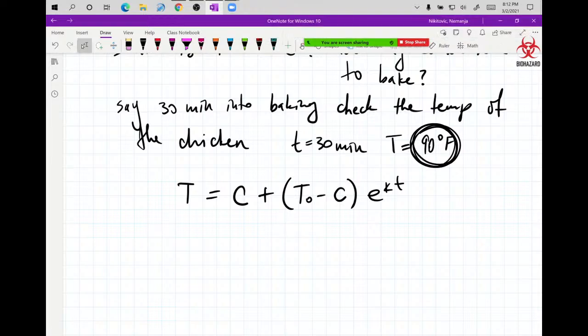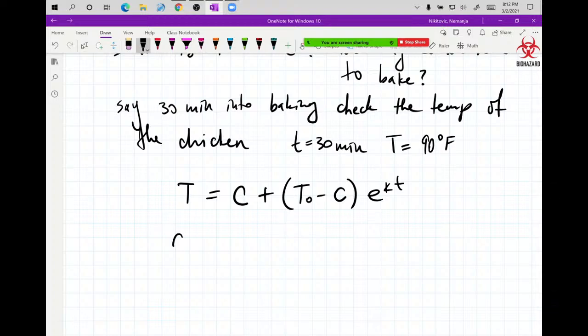So if everyone does this experiment, we are all going to have a different size chicken, different type of oven, different type of pan, different type of seasoning. So we are going to have different temperatures here after 30 minutes. This is why that's individual data, which will give you your individual Ks. I'm just doing the general example as one of us would have.